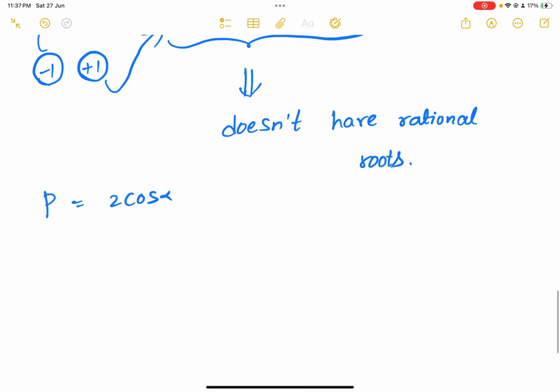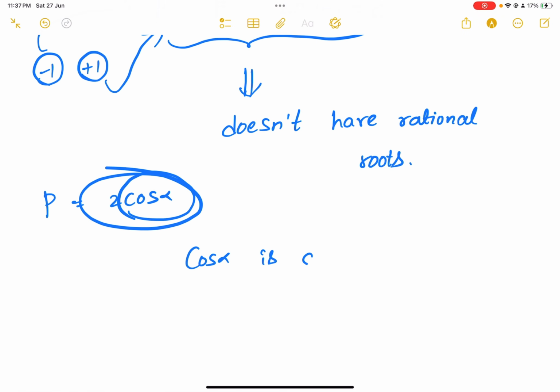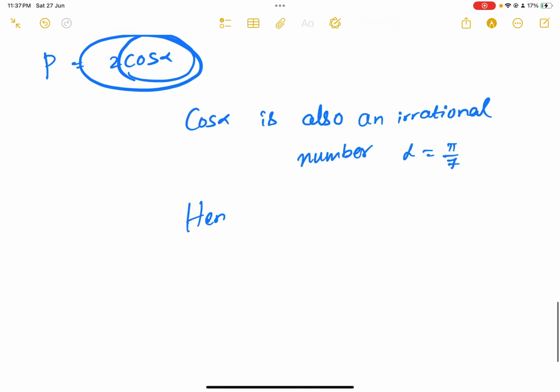So therefore 2 cos alpha is irrational, and hence cos alpha is also an irrational number. Hence proved. So now you understand how to prove that cos pi by 7 is an irrational number.